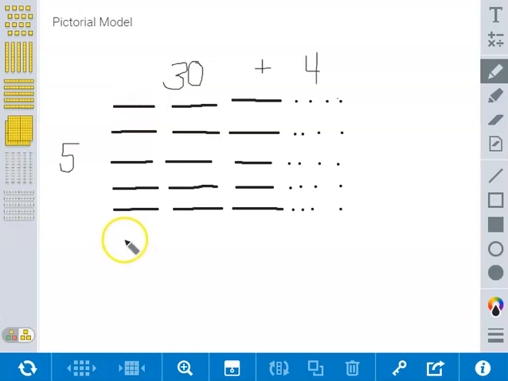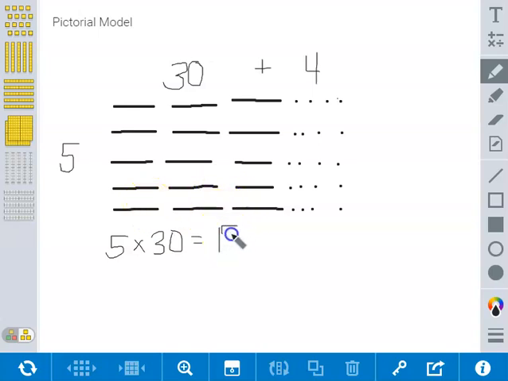Now we are going to use our partial products to figure out what 5 rows of 30 marshmallows equals. So we have 10, 20, 30, 40, 50, 60, 70, 80, 90, 100, 110, 120, 130, 140, and 150.